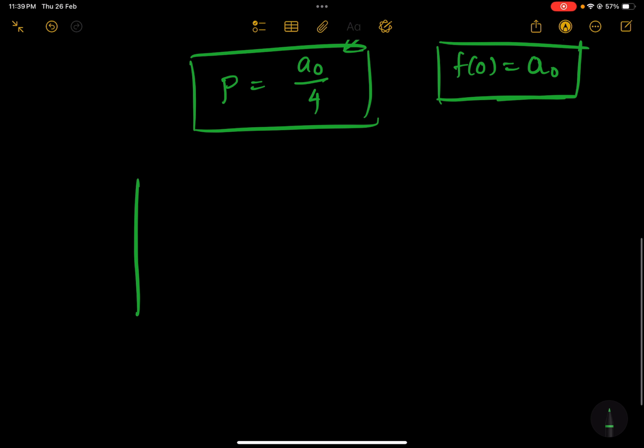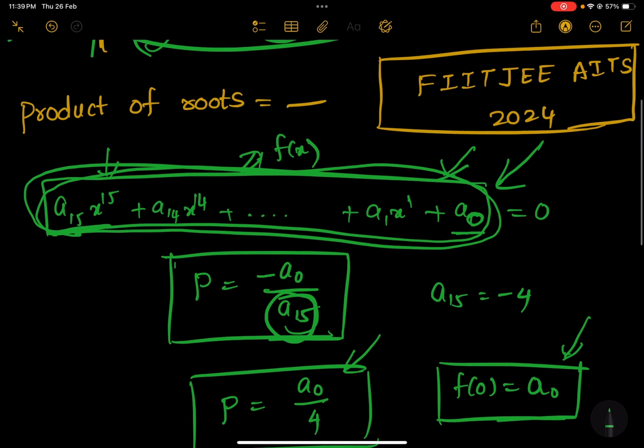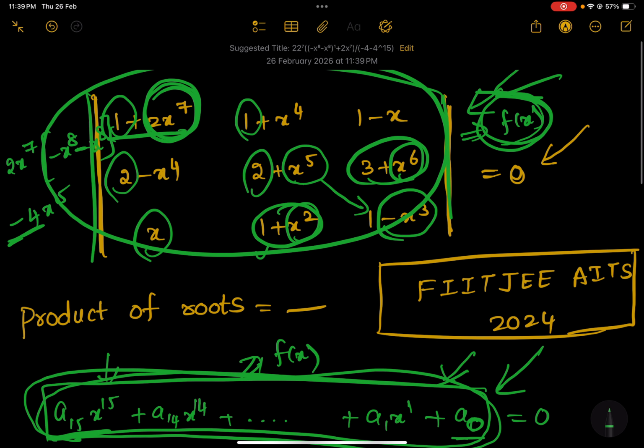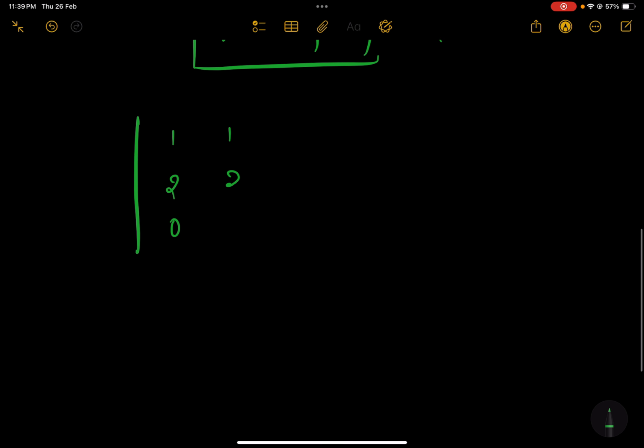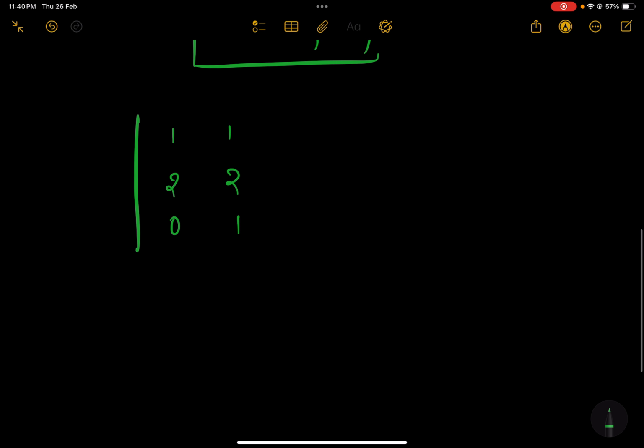When you put x equal to 0 into the determinant, the first row will be 1, 2, 0. And here it will be 1, 2, 1. And here you will get 1, 3, 1. And this is your a naught.